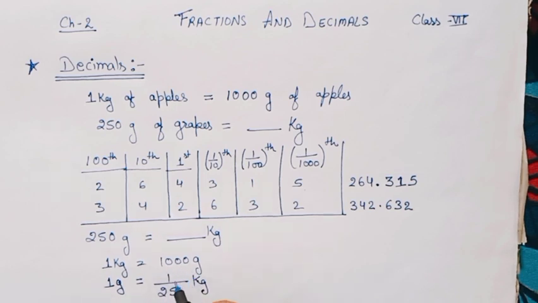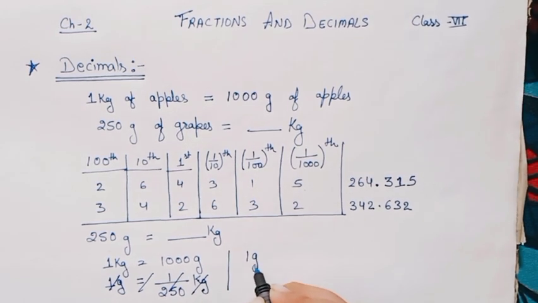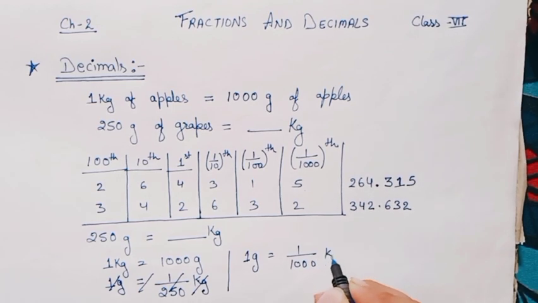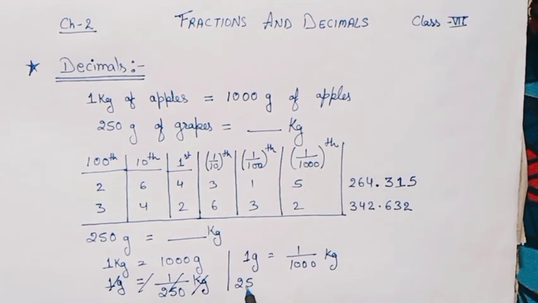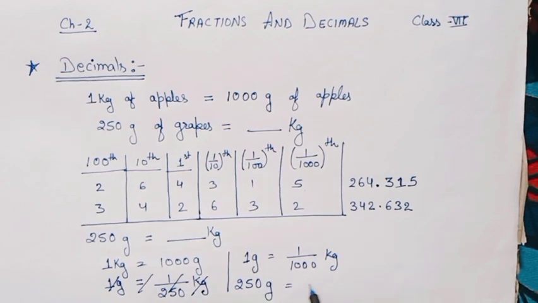So 1 gram is equal to 1 upon 1000 kilogram. And now we have to find out the kilograms present in 250 grams. So we will simply multiply this number by 250.